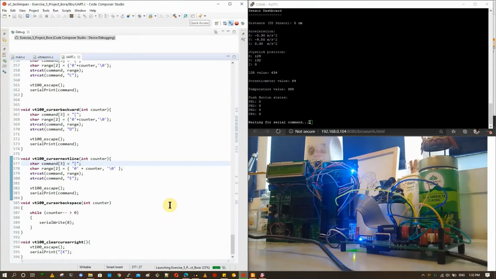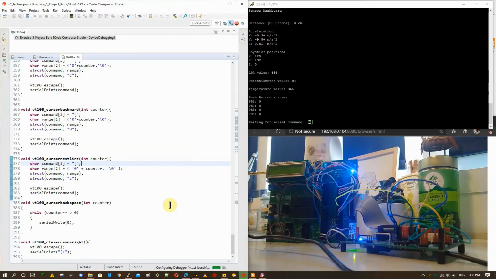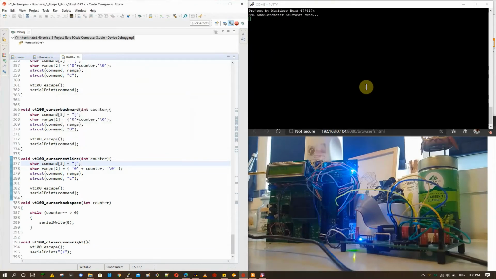So the code is loading. Right, the code has loaded.